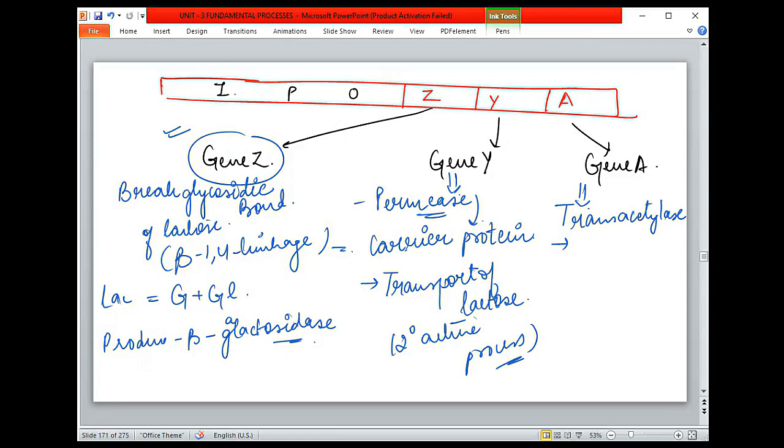So for that, transacetylase is responsible for the detoxification. It helps in the acetylation of the thiogalactosidase and causing the detoxification of the same.